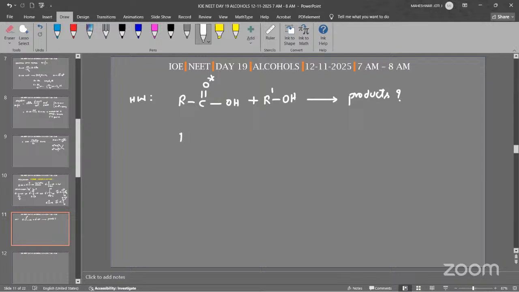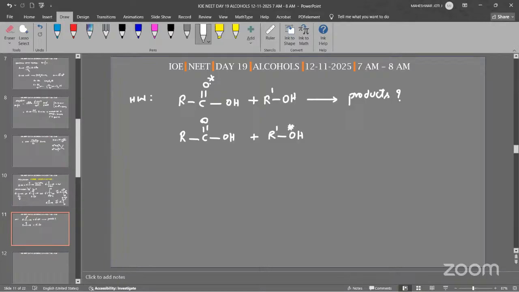Similarly, if we take a carboxylic acid where the oxygen is not labeled, right? Simply we are taking the oxygen unlabeled, treated with alcohol. In the alcohol, the oxygen is labeled.